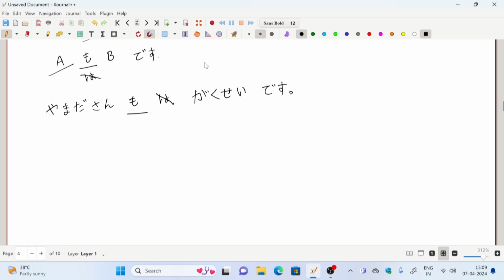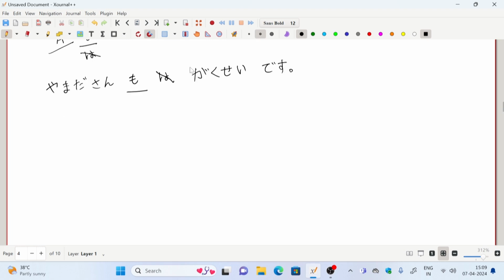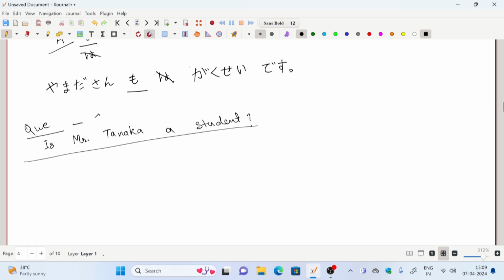Next, if we want to put a question, suppose we want to know, is Mr. Tanaka a student? How will we do that? To put a question, we use particle ka at the end.